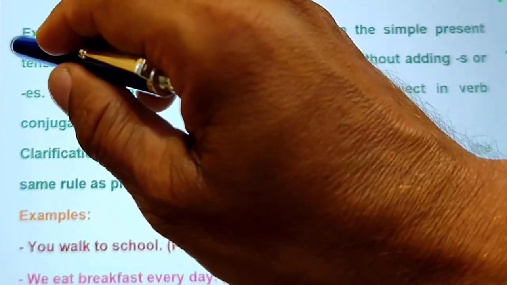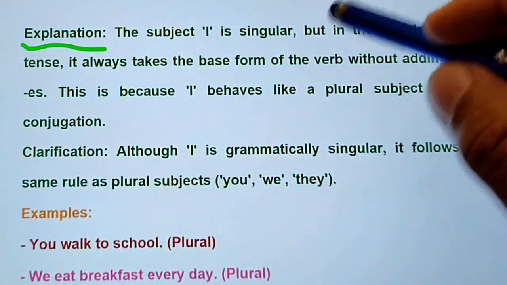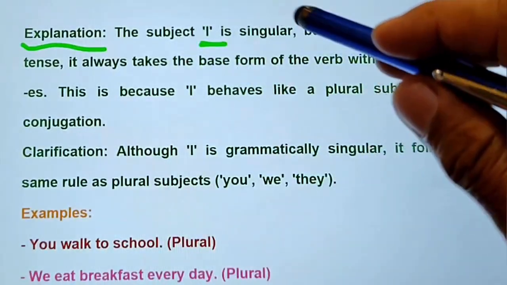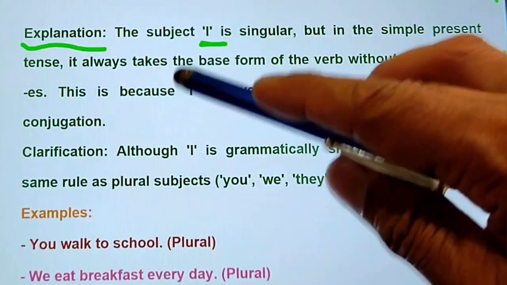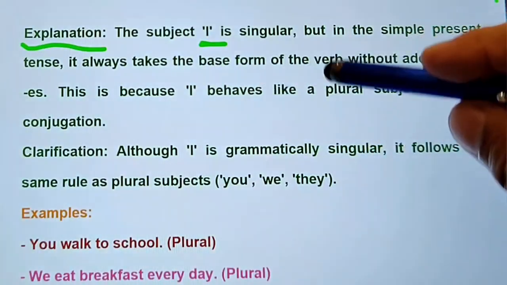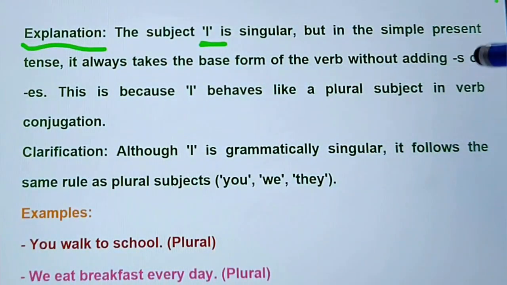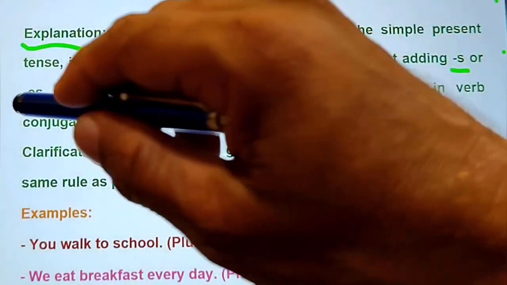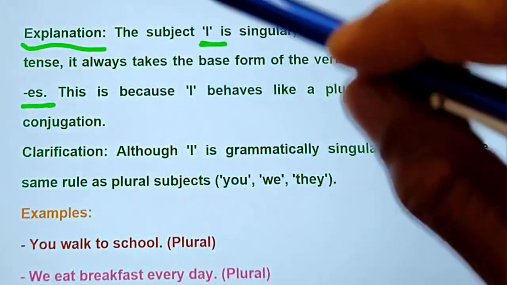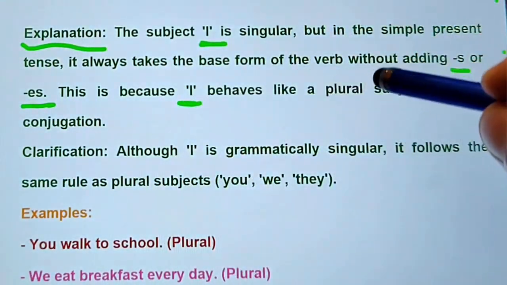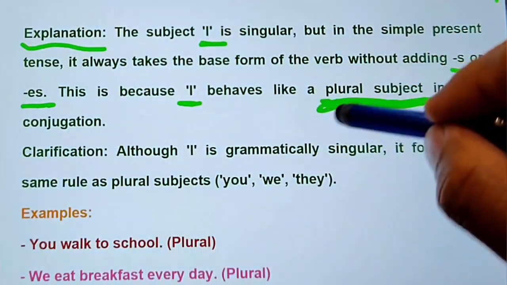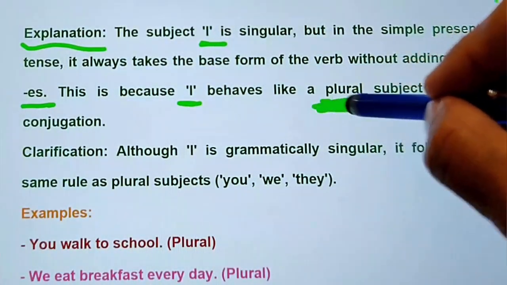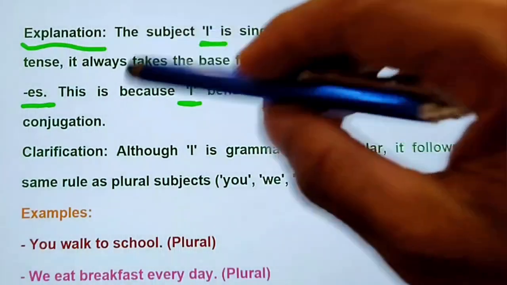The subject I is singular, but in the simple present tense it always takes the base form of the verb without adding s or es. This is because I behaves like a plural subject in verb conjugation.